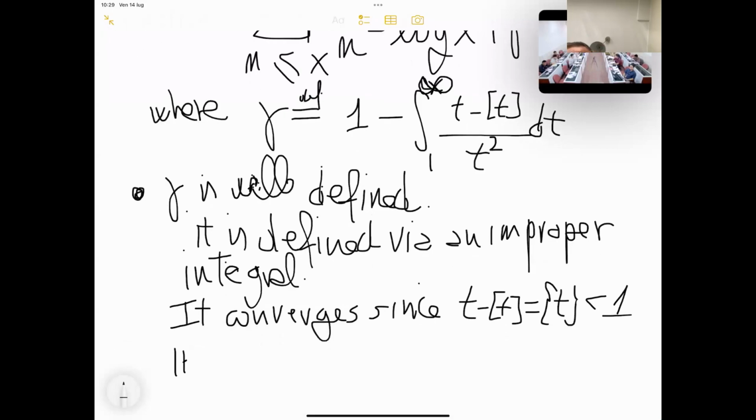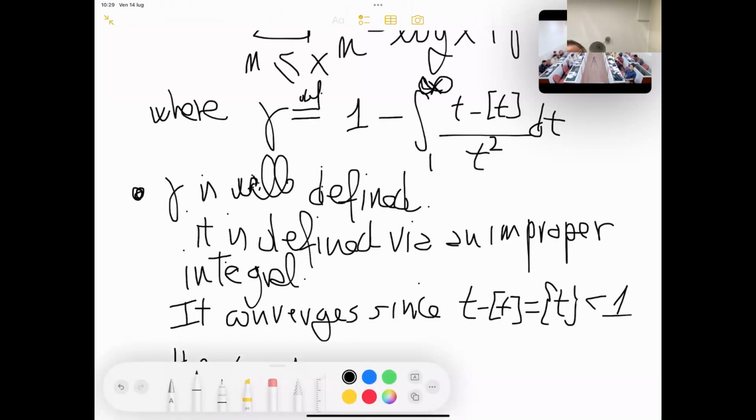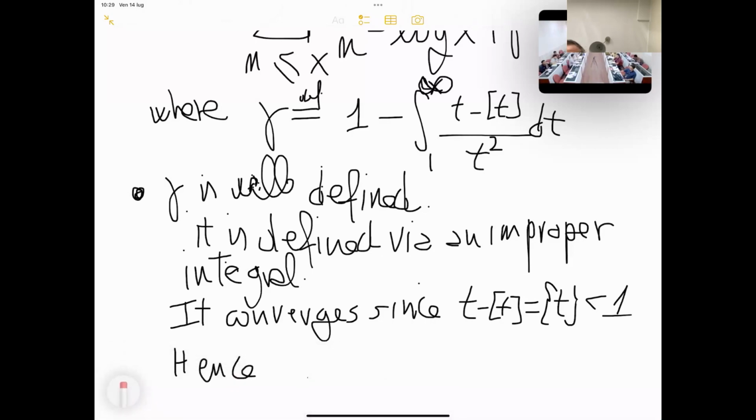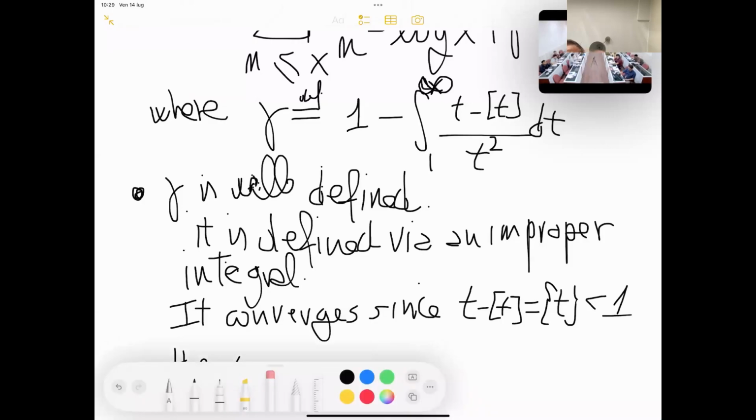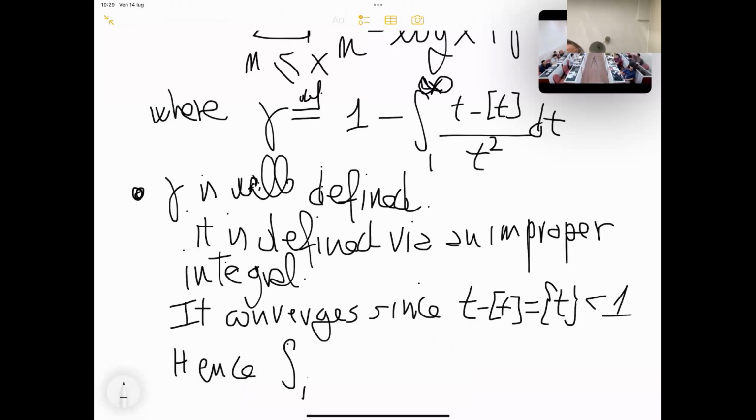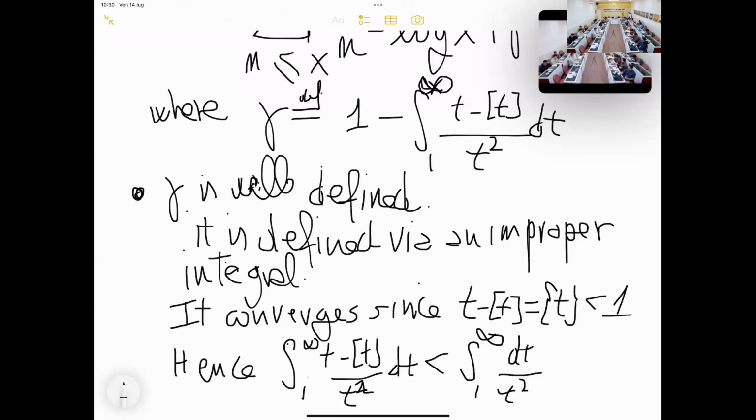Hence, the integral between 1 and infinity of t minus the integer part of t over t squared dt is certainly smaller than the integral between 1 and infinity of dt over t squared, right?